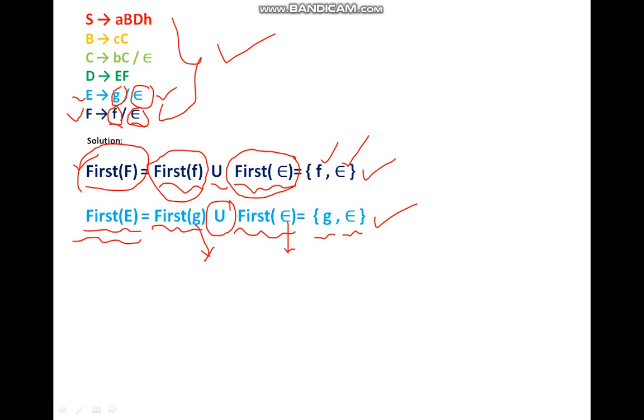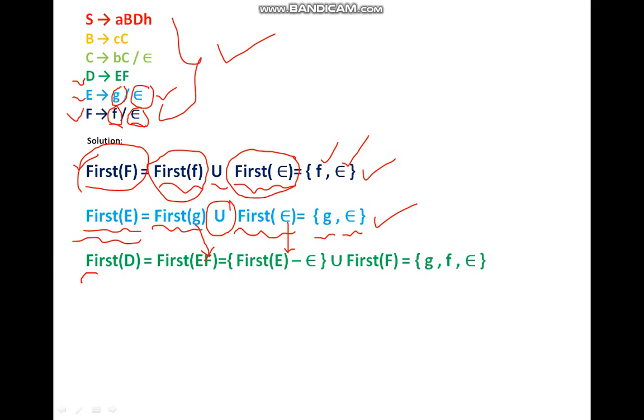Now we will calculate first of D. So first of D would be first of EF, because this is the only term given here, and here I am applying rule number 3 that I already discussed in my previous video on how to calculate first of a variable using rules.